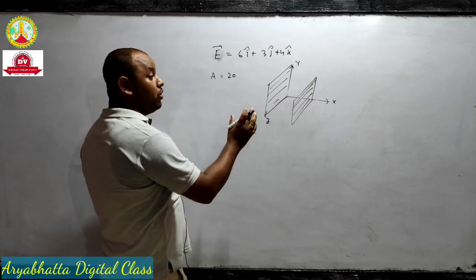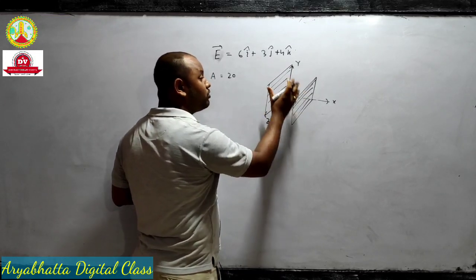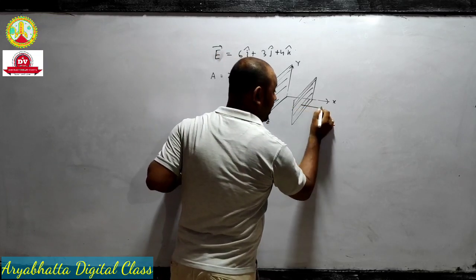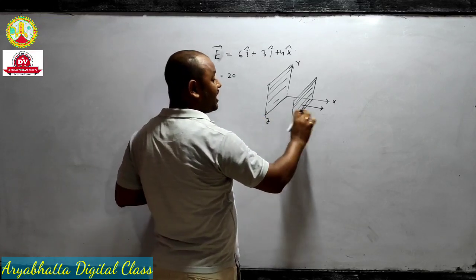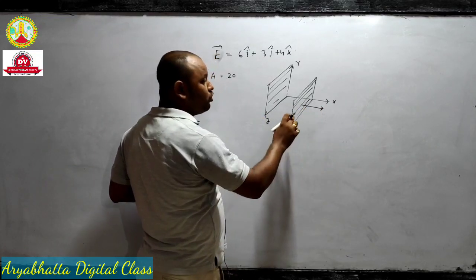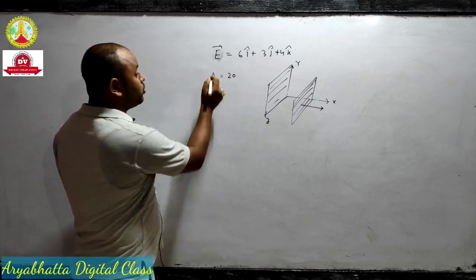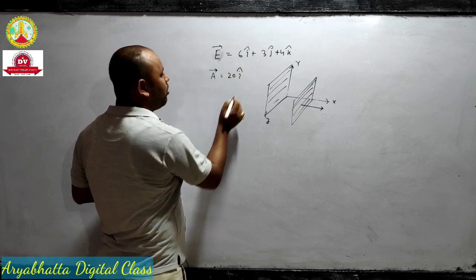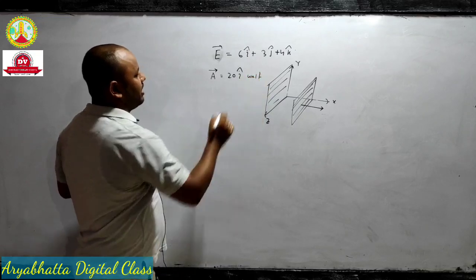If it is parallel to the yz plane, the direction of area vector is always normal to the surface, and that normal is acting along x axis. तो इसलिए the area vector will be equal to 20 i cap unit. It is given like that.